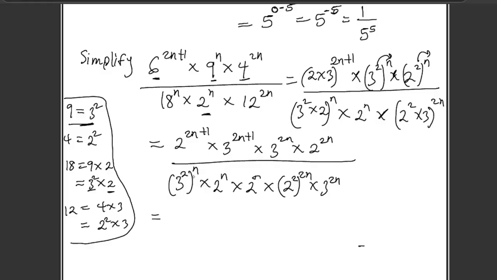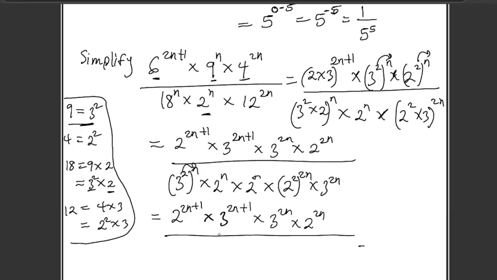Okay, let's simplify the denominator first. This is 2 raised to power 2n plus 1 times 3 raised to power 2n plus 1 times 3 raised to power 2n times 2 raised to power 2n, and all over 3 raised to power 2n times 2 raised to power n times 2 raised to power n, then times 2 raised to power 2 times 2n, which is 4n, then times 3 raised to power 2n.